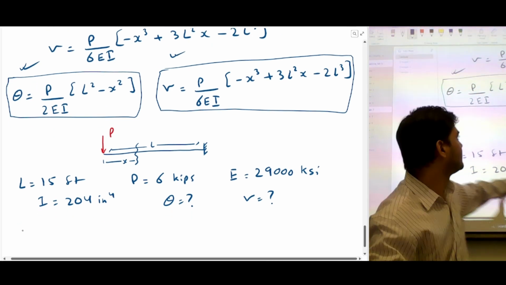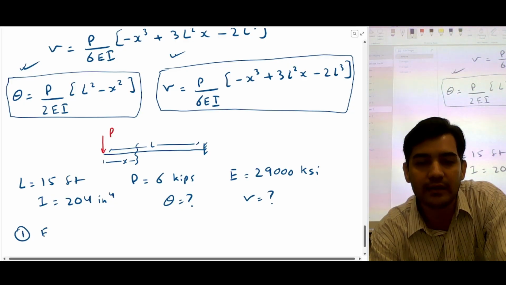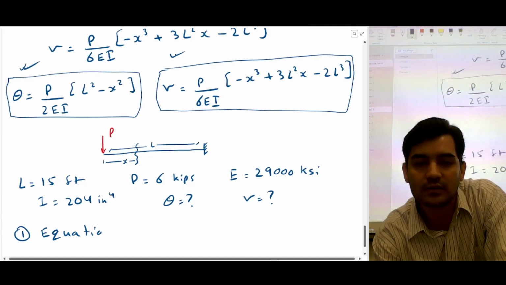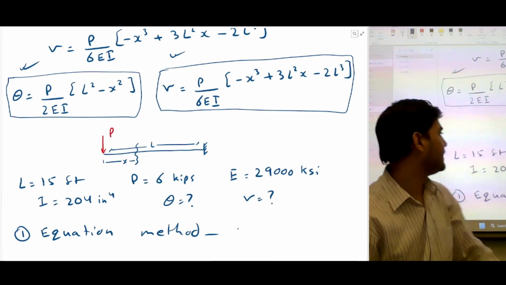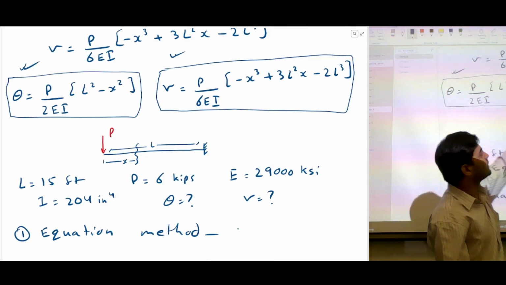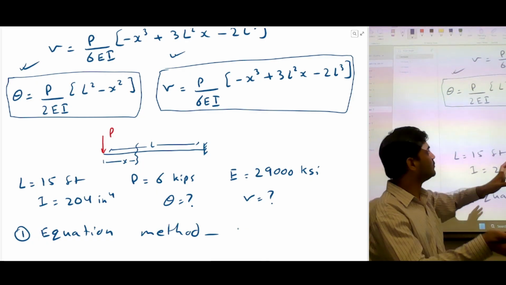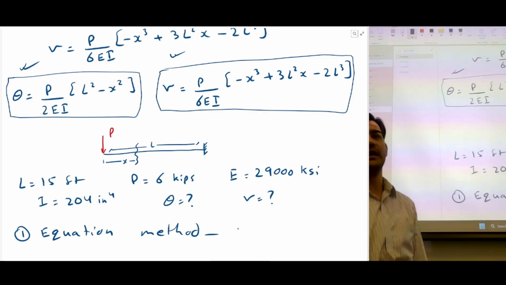This entire thing we did, calculating the equations, is called the equation method. So in the equation method, basically you have to do the integration, you have to come up with the equations, you have to solve for C1 and C2, and once you have the final equations, you can solve for the bending angle and the displacements.